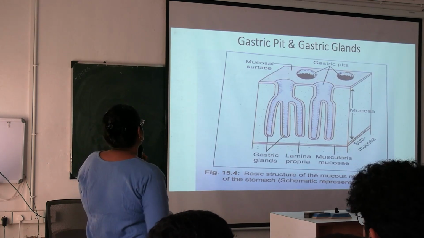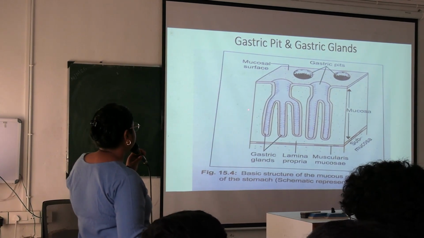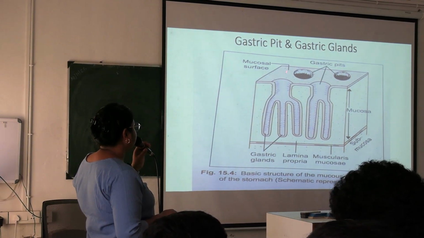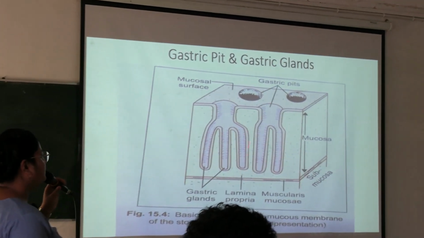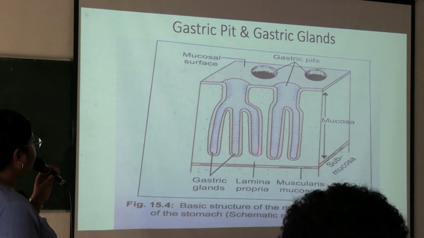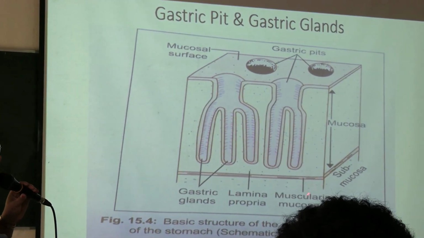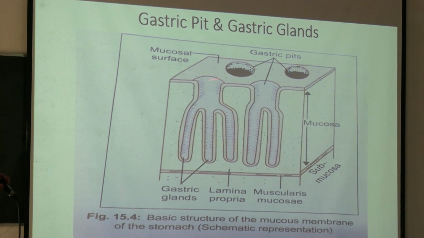Okay. So these are the basic structure of the mucous membrane of the stomach. There are gastric pits. Okay, gastric pits are receiving the secretion of the gastric glands, and these are embedded within the lamina propria. Okay, so this is surface epithelium, mucosa.